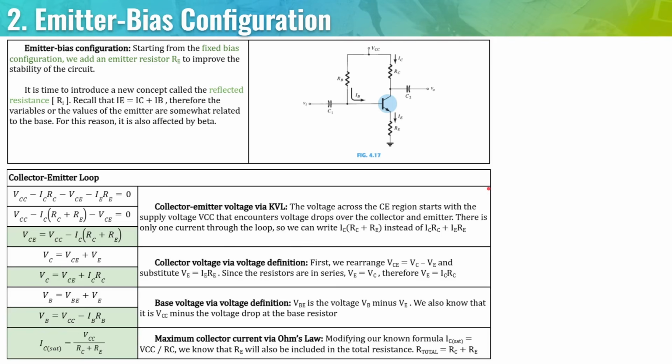Next we have the collector voltage by voltage definition. VC is equal to VCE plus VE, which came from VCE is equal to VC minus VE. We just rearranged it and then substituted, so now we know that VC is equal to VCE plus ICRC.